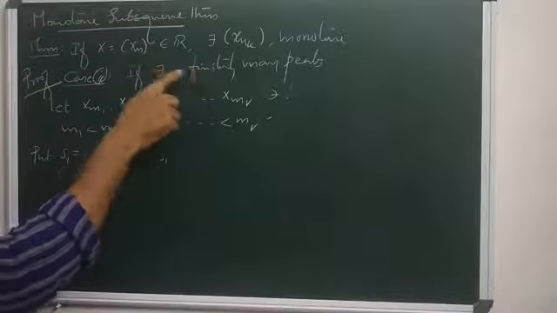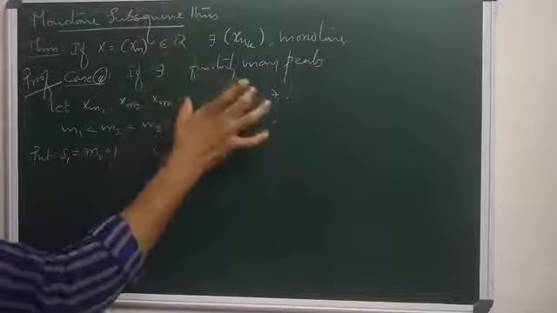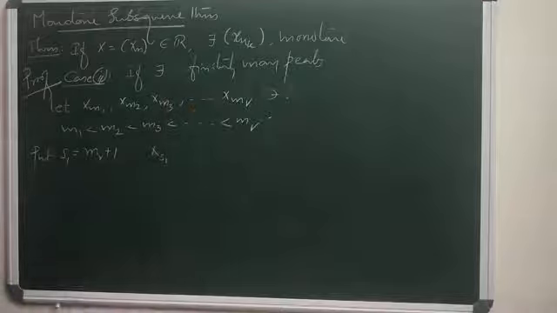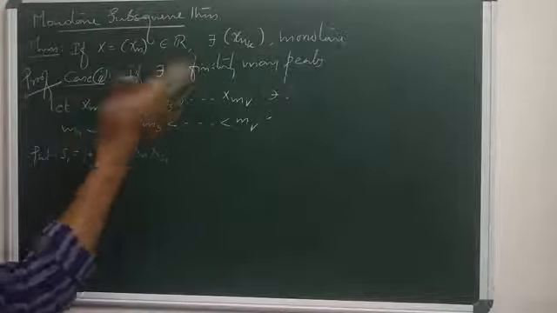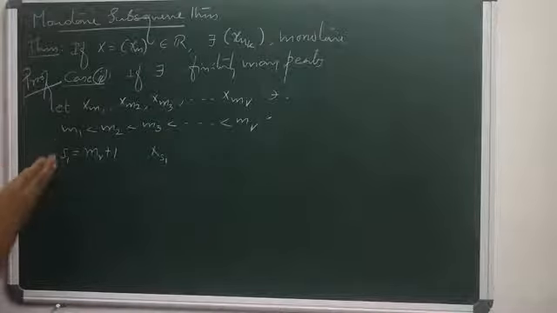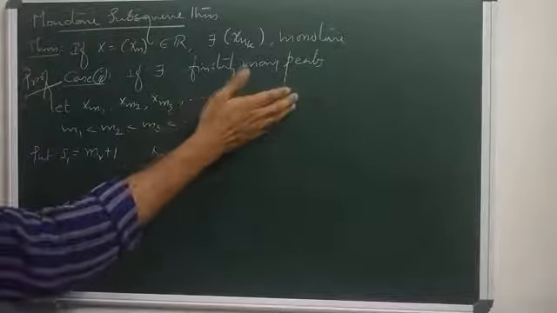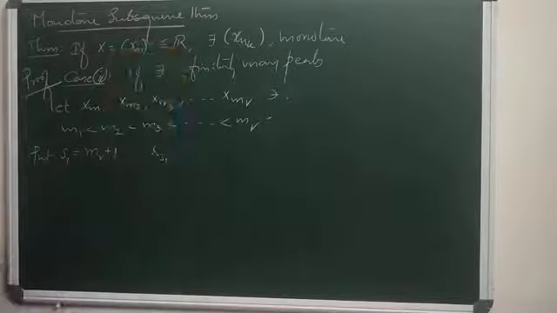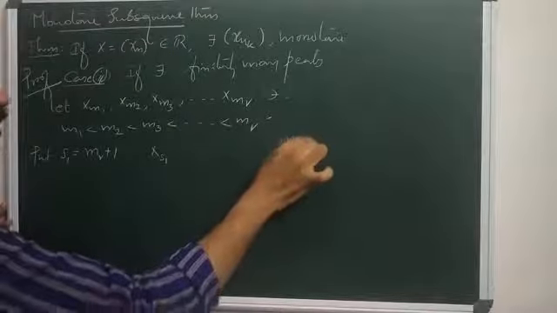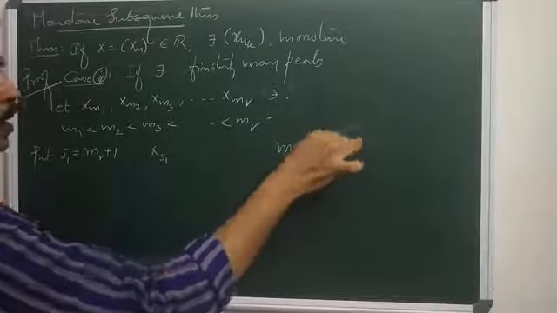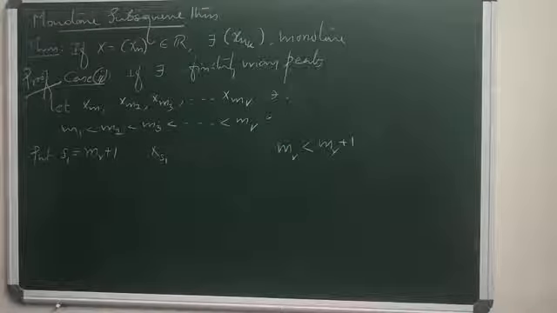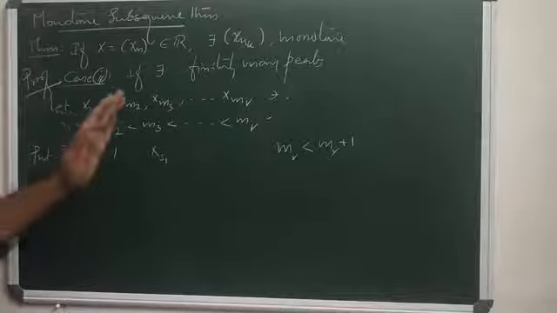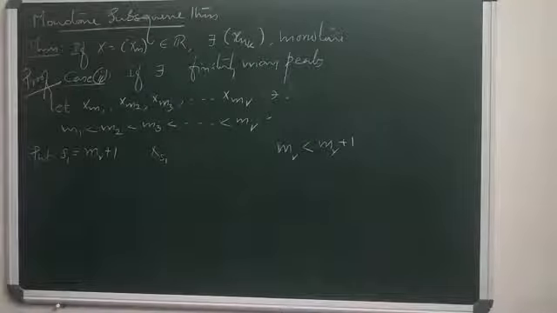Because we assumed that there exist only finitely many peaks, there are only r peaks, which are xm1, xm2, xm3, up to xmr. Surely mr is strictly less than mr plus 1, but x of mr plus 1 is not a peak, because there exist only finitely many peaks.